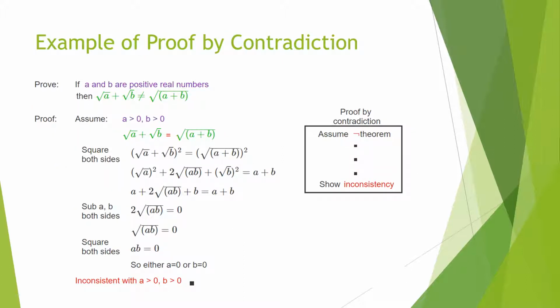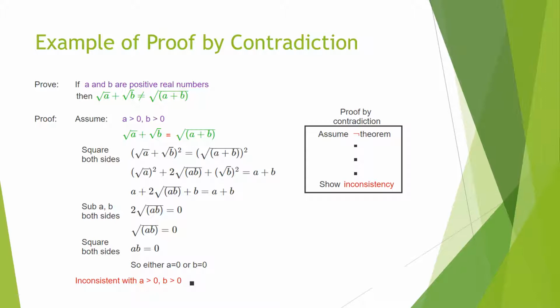Here is an example of proof by contradiction. The question is, prove that if A and B are positive real numbers, then square root of A plus square root of B is not equal to the square root of A plus B. So we are going to prove this inequality is true.